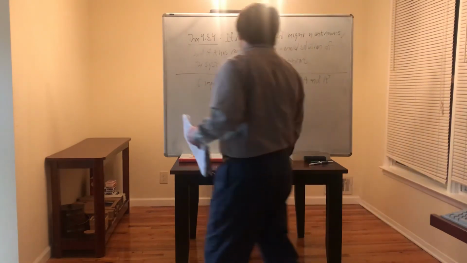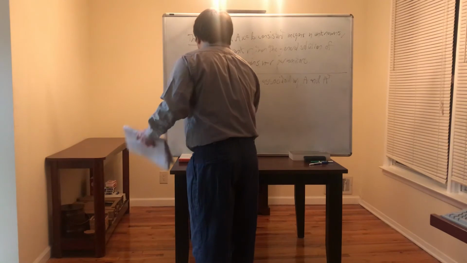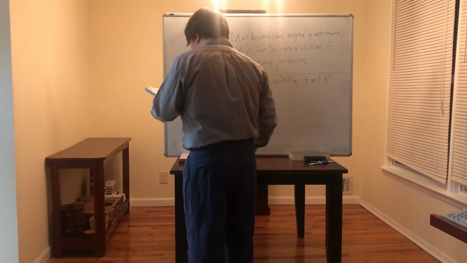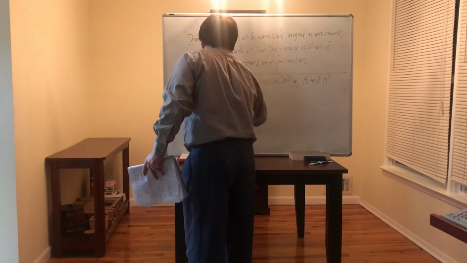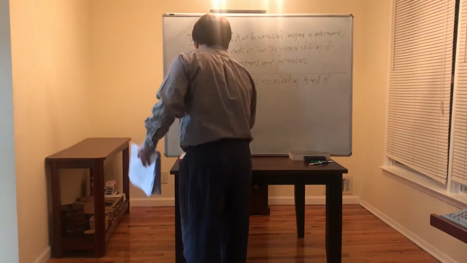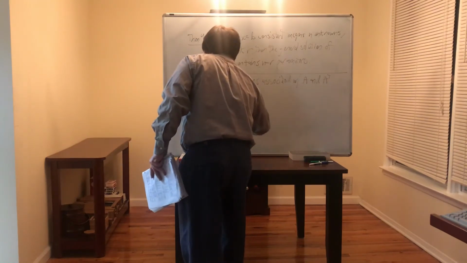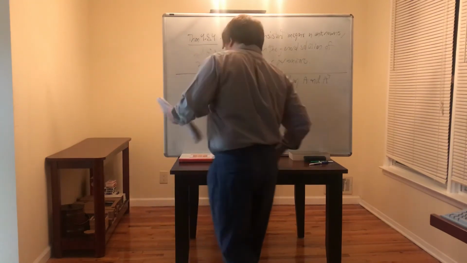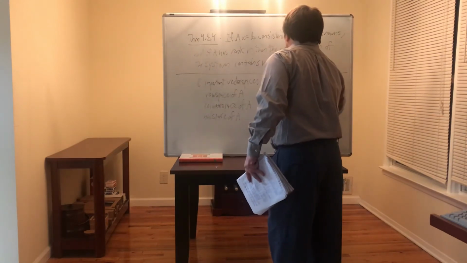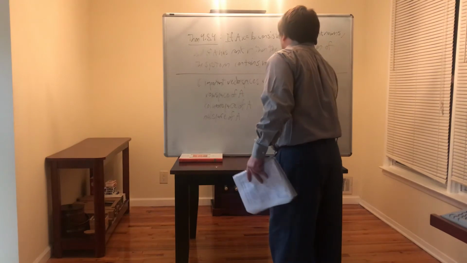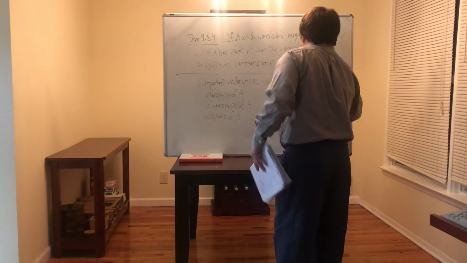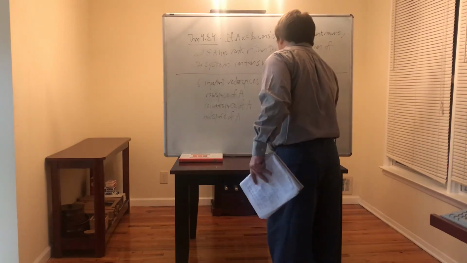Those vector spaces are the row space of A, the column space of A, the null space of A, the row space of A transpose, the column space of A transpose, and the null space of A transpose.